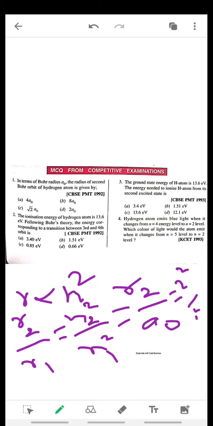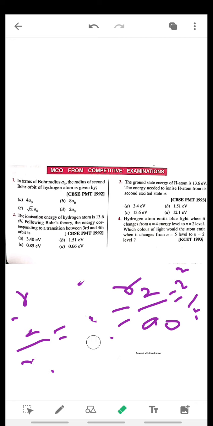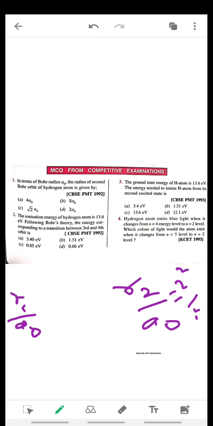R2 divided by a naught equals 4 divided by 1. 4 divided by 1 is just 4, not necessary to write this.